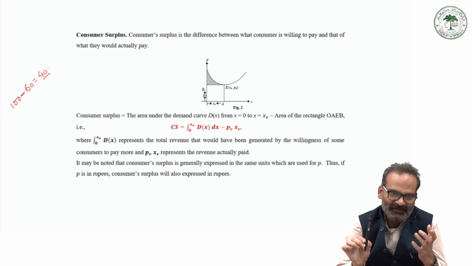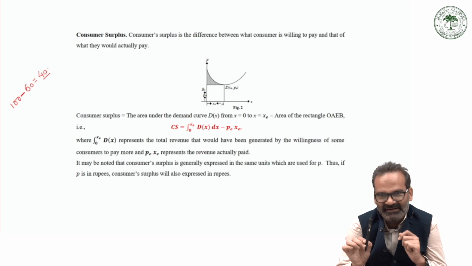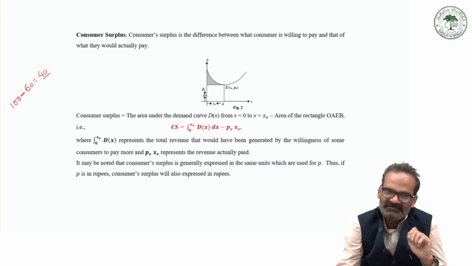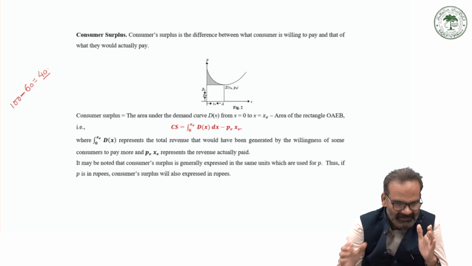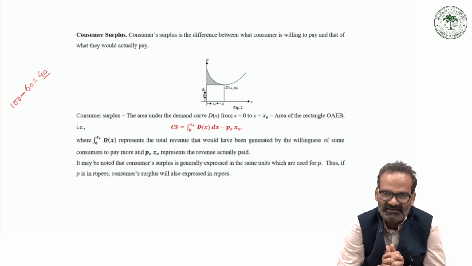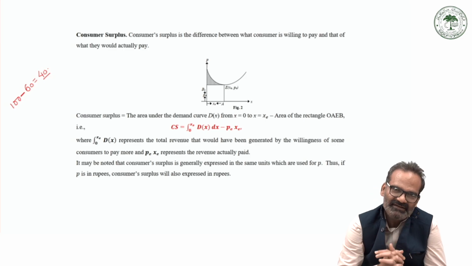It means you are getting an economic gain of rupees 40 on a single pen. This is the basic definition of consumer surplus. Consumer surplus simply represents the economic gain of consumers during the purchase of various products.